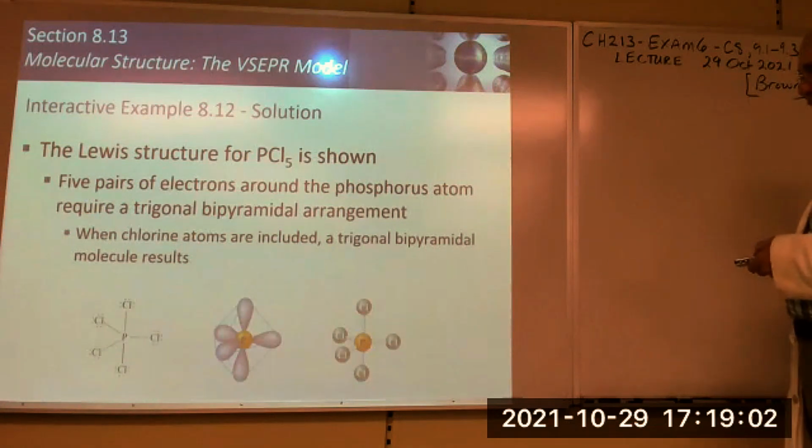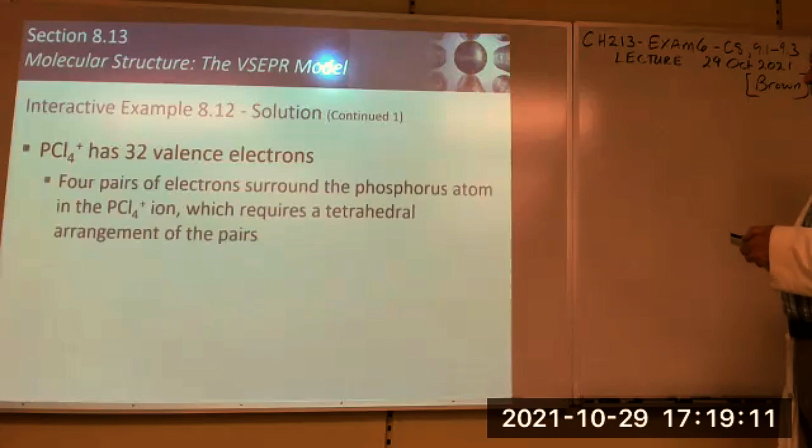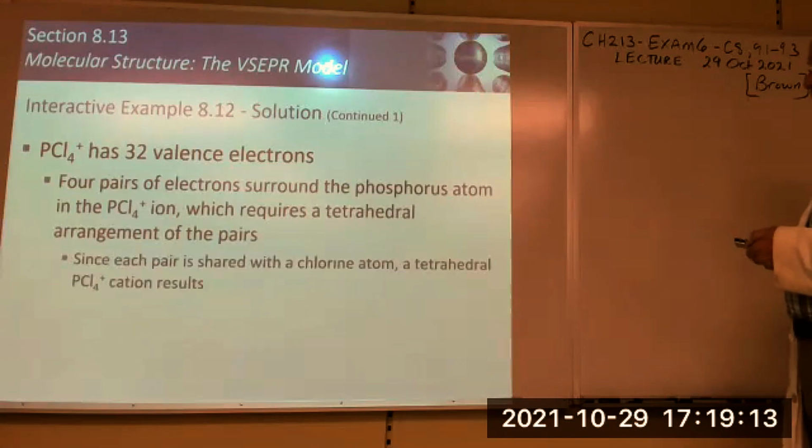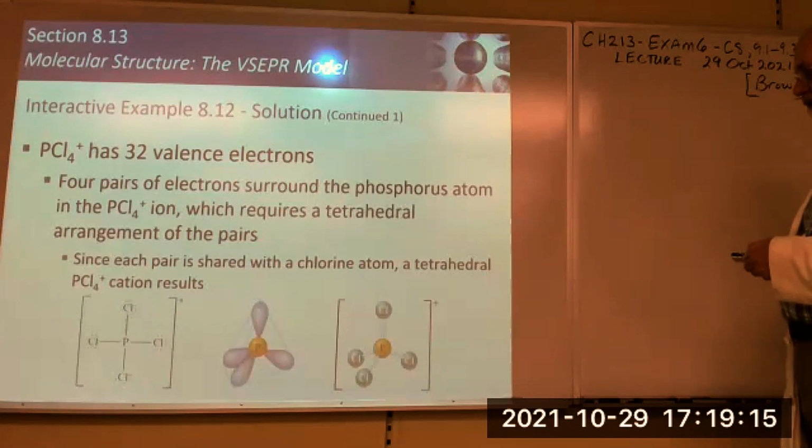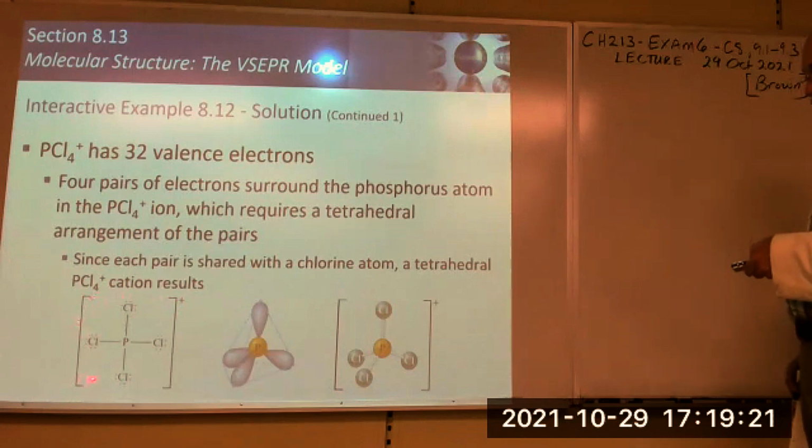Right, so there's PCl5. This is the structure. There are no lone pairs, so this is your geometric structure. It's trigonal bipyramid. If we go to PCl4+ and draw the Lewis dot structure, and don't forget the charge when you're drawing the Lewis dot structures. If there's a charge, it needs to be expressed.